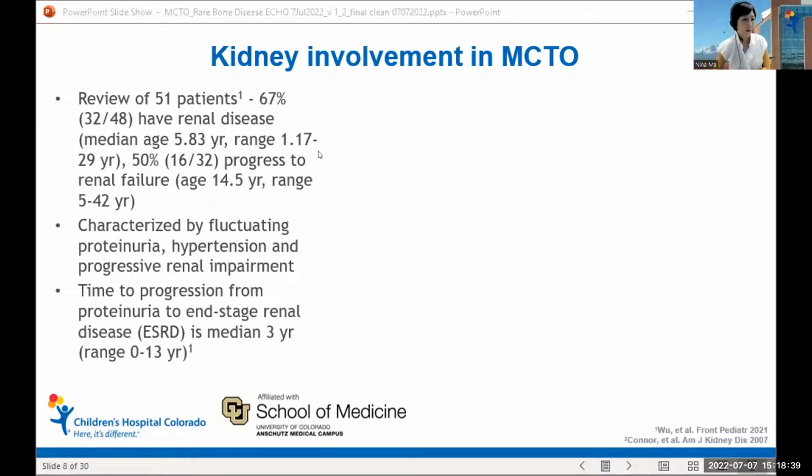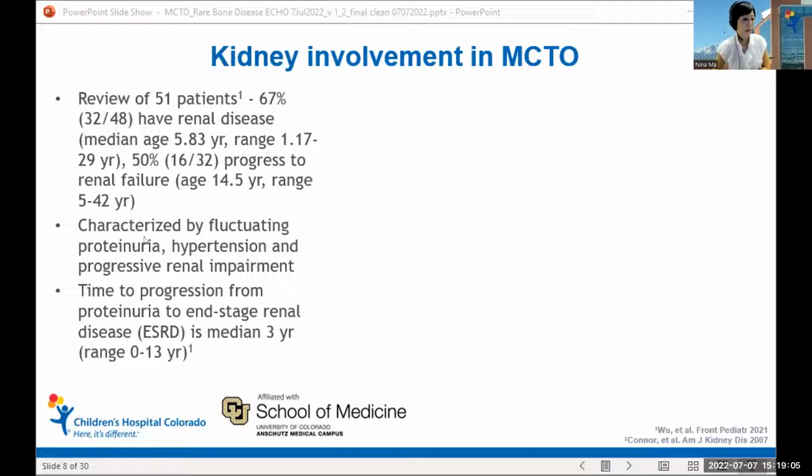So patients with MCTO will have renal involvement very frequently. In the same review paper of 51 cases, 2/3 of the patients were noted to have renal disease. The median age of renal involvement is the young age of 5.5 years. And 50% of those with renal disease will go on to develop renal failure.